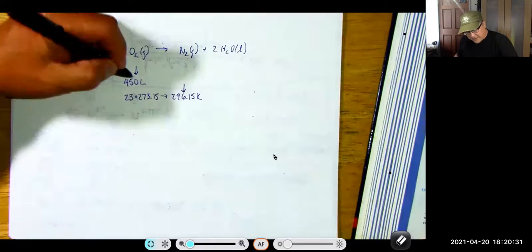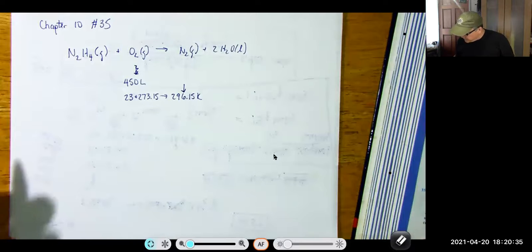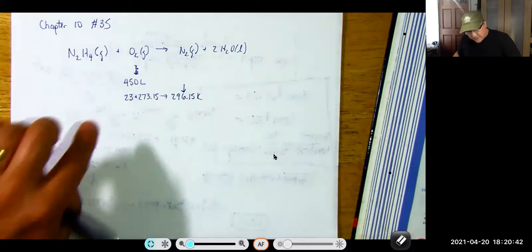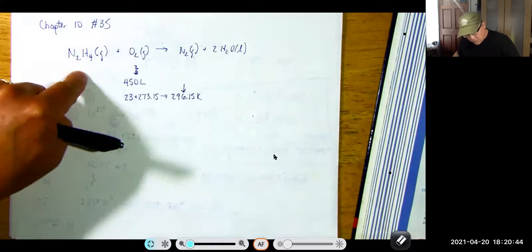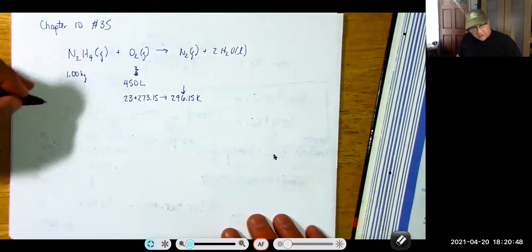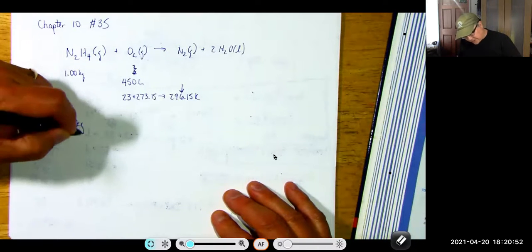And here I'm going to get rid of that because it makes it look like I'm pointing to the 0 and I'm not. What must the oxygen pressure in the tank be for enough of this to react completely with 1.00 kilograms of hydrazine?